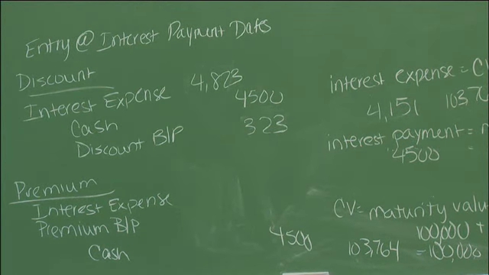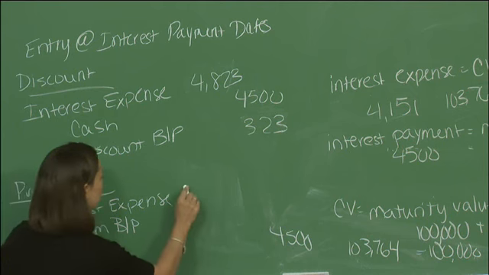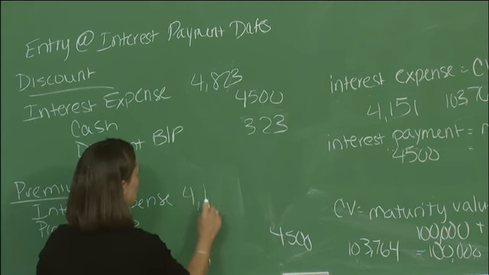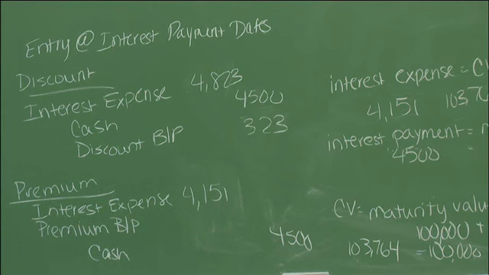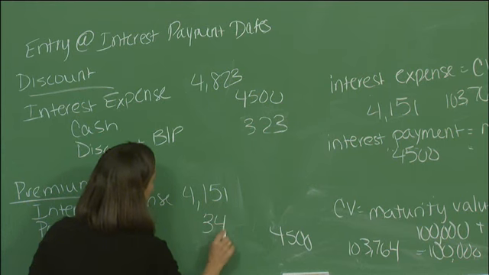Interest payment is going to remain the same because our maturity value is still $100,000. Stated rate still 4.5%, so our interest payment is still $4,500. Okay, now we put this information in. So interest expense $4,151, which means our premium amortization is $349.